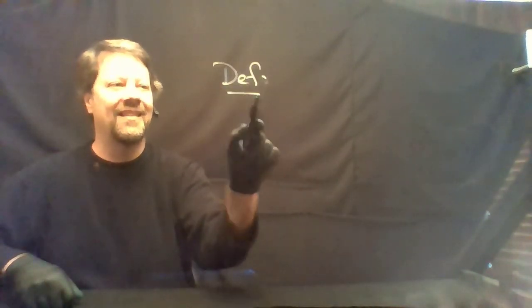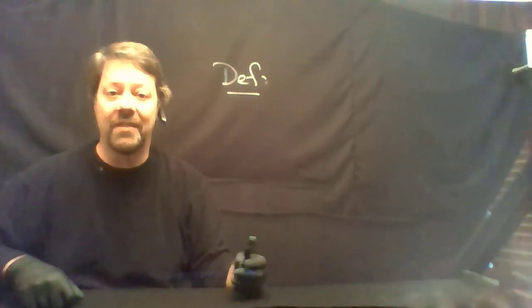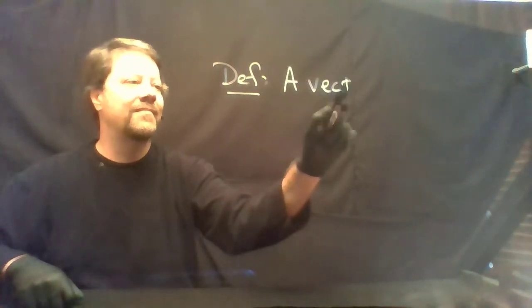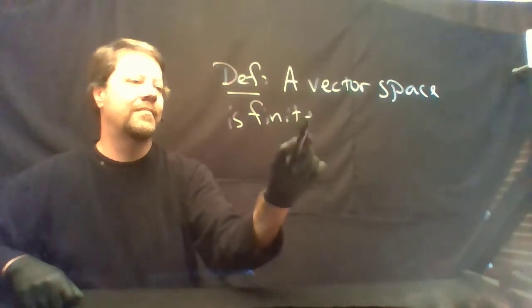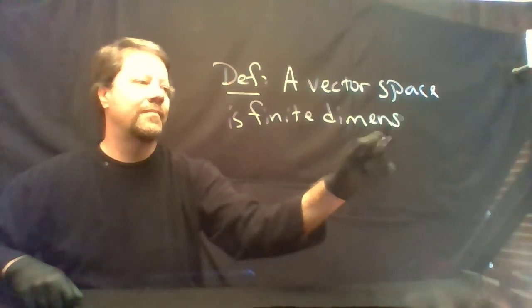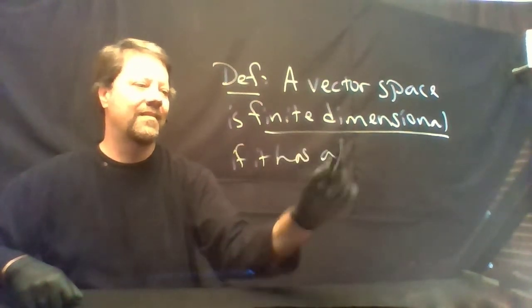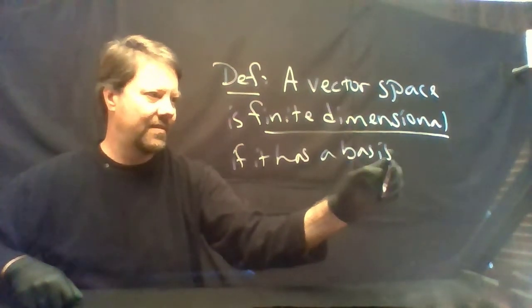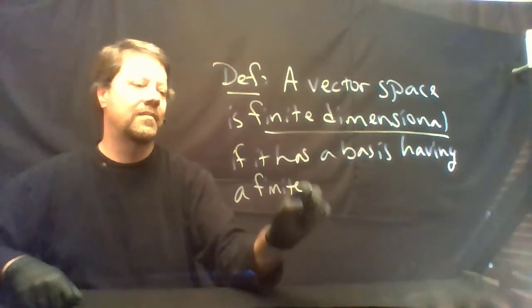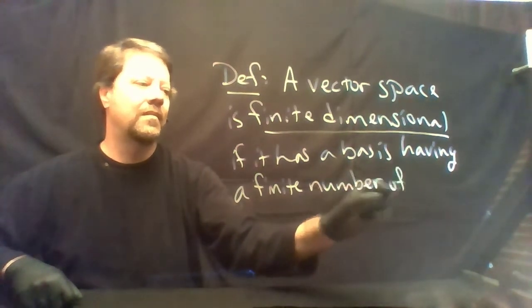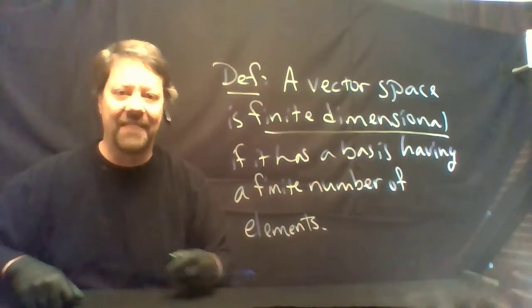Now, a vector space is finite dimensional if and only if it has a basis having a finite number of elements, in which case, every basis will have exactly that finite number of elements.